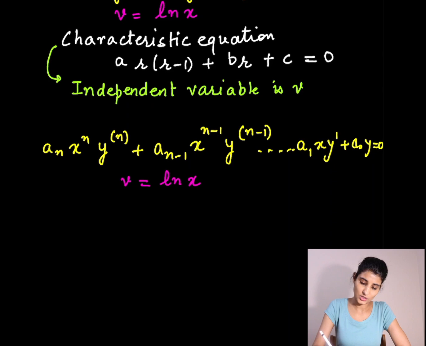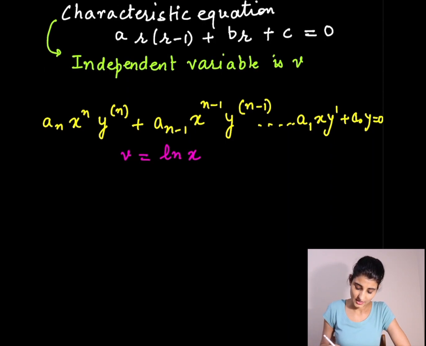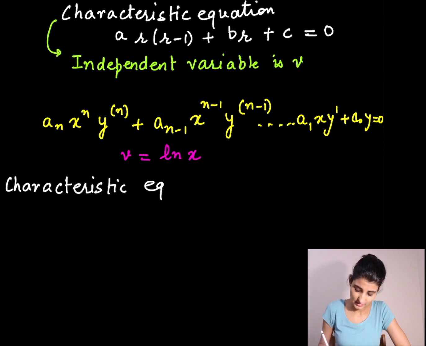Similarly, if you are talking about the nth order equation, your characteristic equation is given by a_n r(r minus 1)... up to (r minus (n minus 1)).